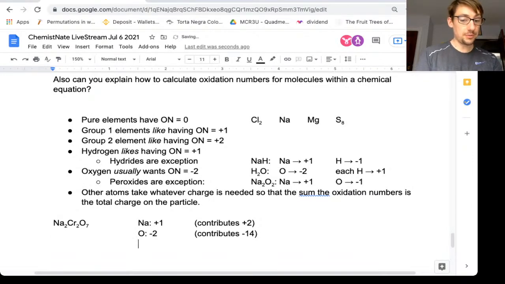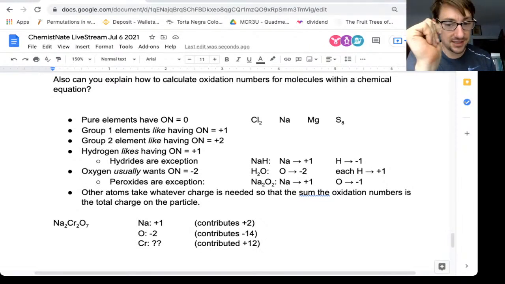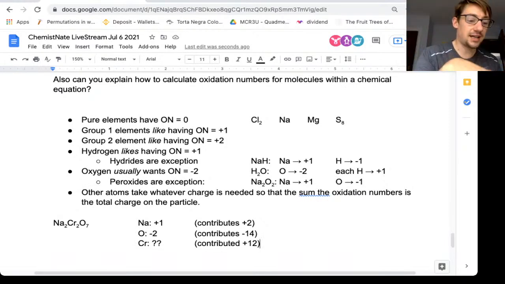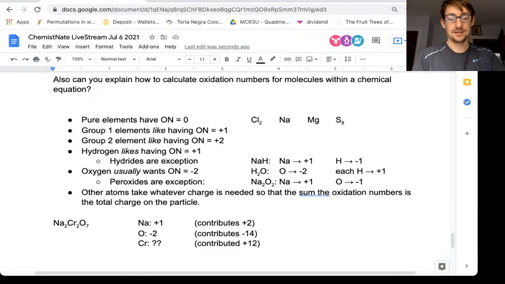That means that the chromiums must be something so that their total contribution is the difference. -14 can partially cancel with the +2, but you still have another -12 that needs to be neutralized.